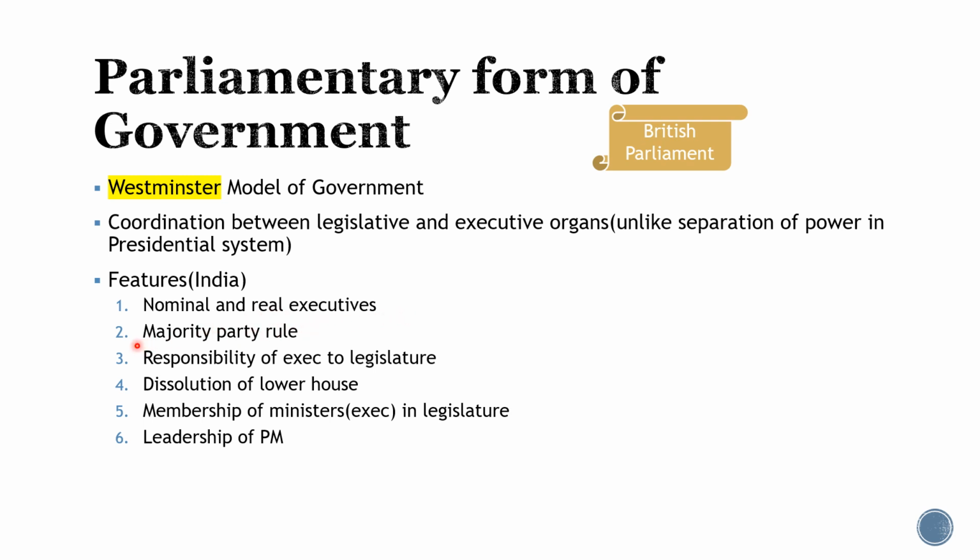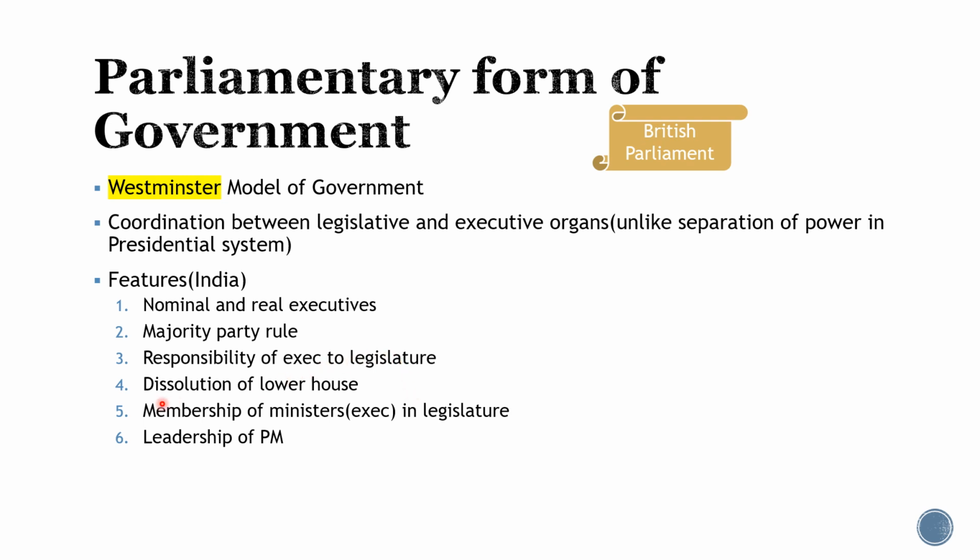And we have majority party rule. Majority party rule is another feature of the parliamentary form of government. We have the responsibility of executives to the legislature. The executives have answerability to the legislature. That means there's a coordination between executive and legislature. Then dissolution of the lower house. The lower house gets dissolved.